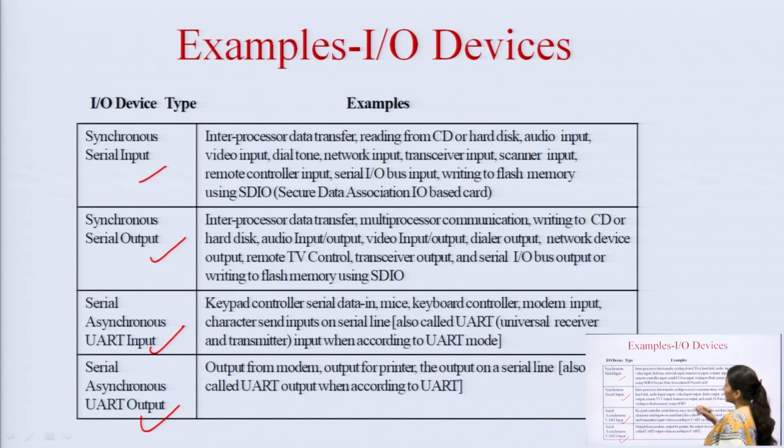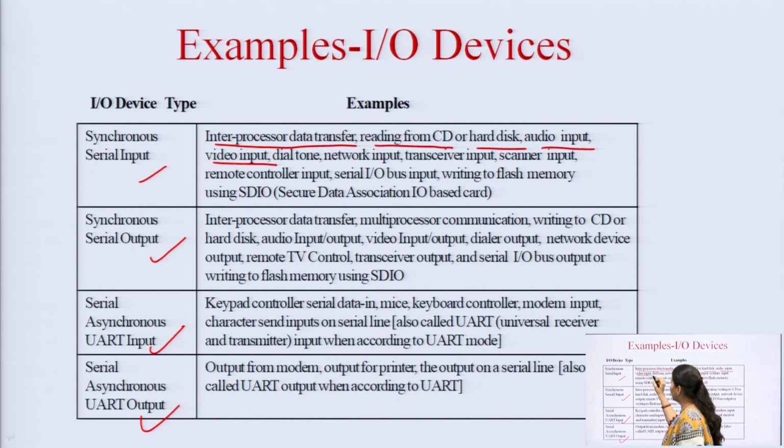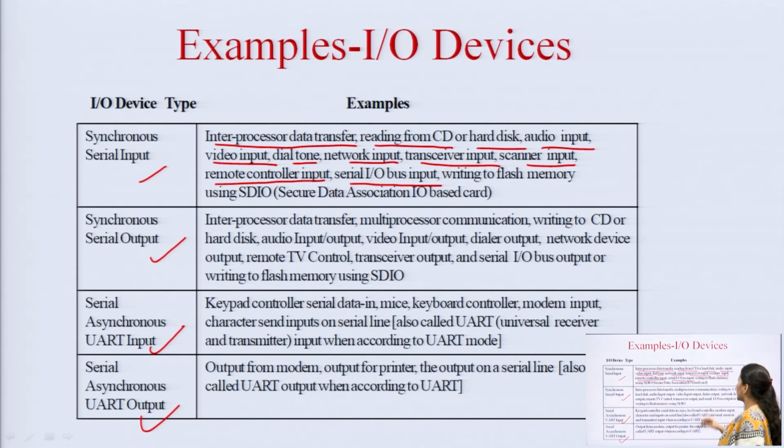Let us see. When we are talking about the synchronous serial input: inter-process data transfer, reading from the CD or hard disk, audio input, video input, dial tone, network input, transceiver input, scanner input, remote controller input, serial input output bus, writing to the flash memory using secure data association IO based card, that is SDIO.